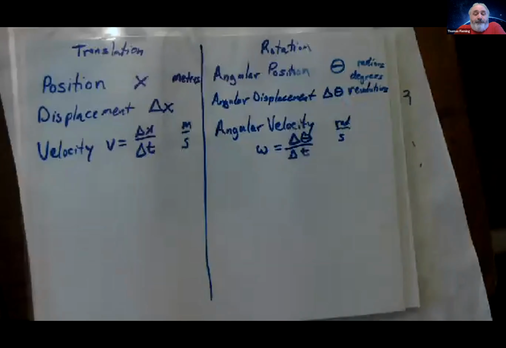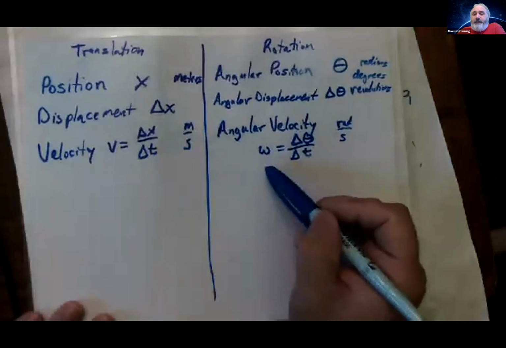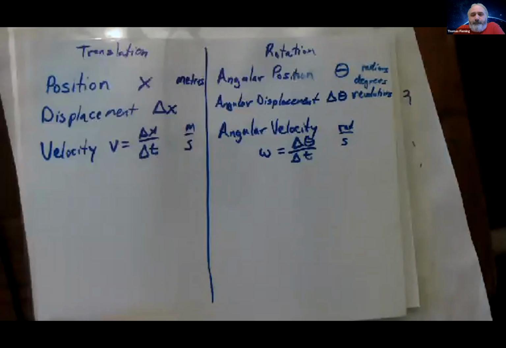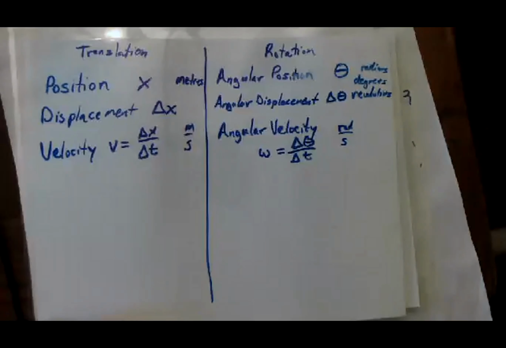All right, so far so good? Wait, I have a question. Yes. Remember when you wrote the angle that was horizontal, and then you wrote the vertical, and then you wrote the one in the middle? Is that angular displacement or angular position?